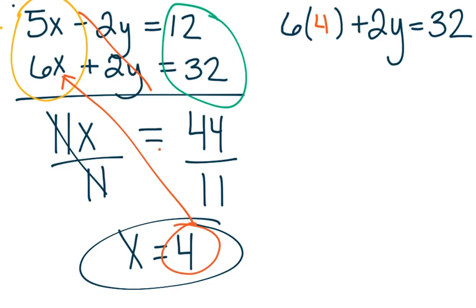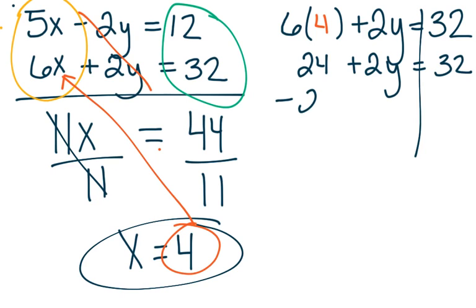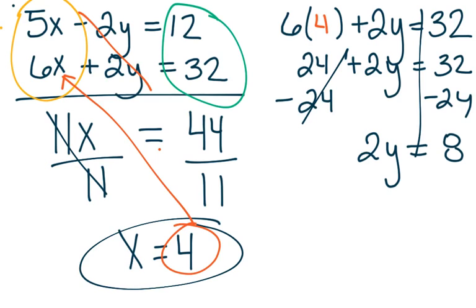So let's go ahead and solve it. 6 times 4 is 24 plus 2y equals 32. Just bring everything else down. Solving for y. Subtract 24 on both sides. 32 minus 24 gives us 8. So 2y equals 8.